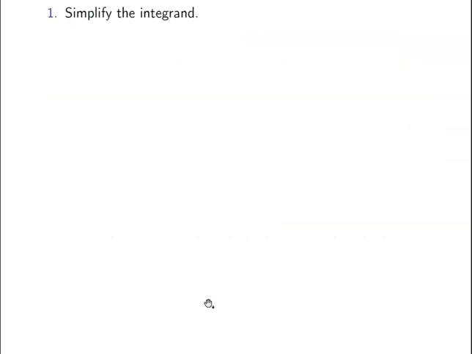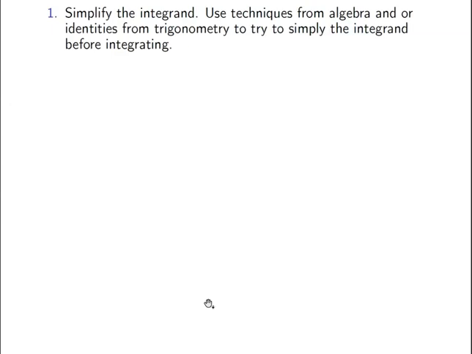Okay, first thing we want to do is simplify the integrand if we can. The thing that we're trying to integrate, if I can make it simpler, I will. Sometimes that means partial fractions. Sometimes this means rationalizing a numerator or a denominator. Sometimes this means just doing some very standard algebra, factoring even, right?